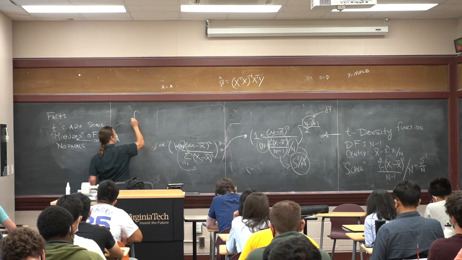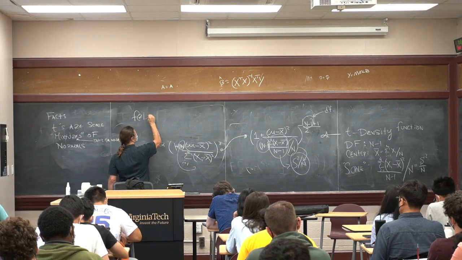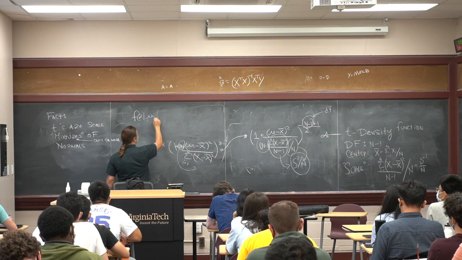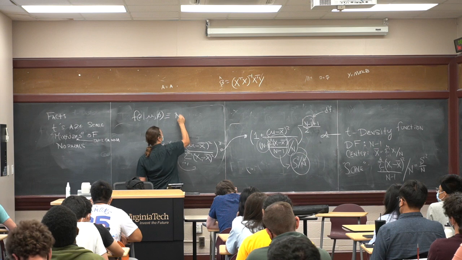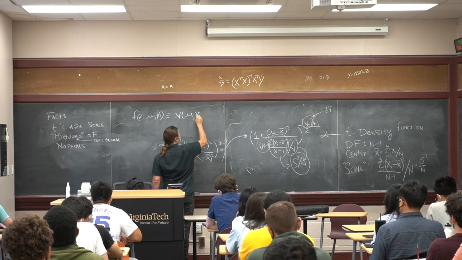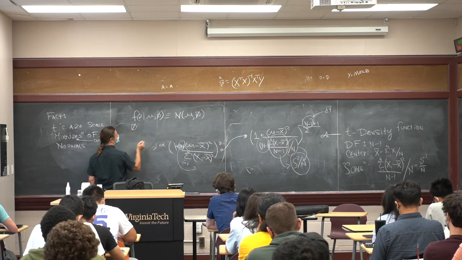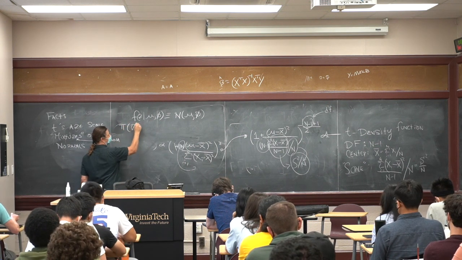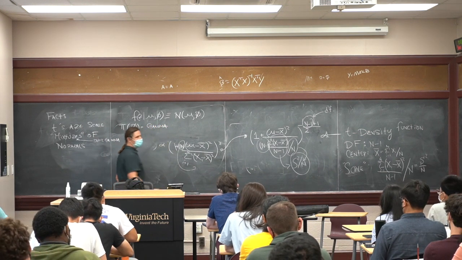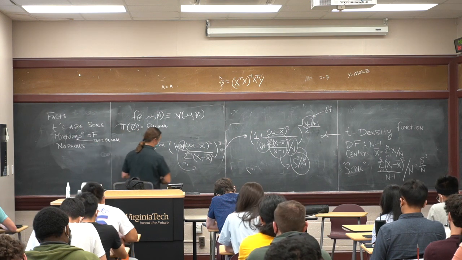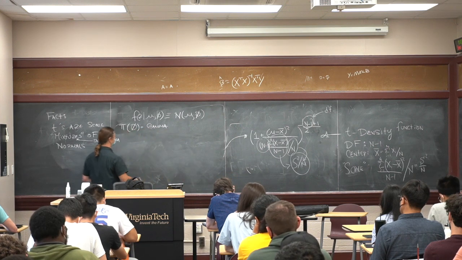So if f(z) given mu and phi, if this was normally distributed, and phi is a gamma, I have a homework problem for you where you can work through this.